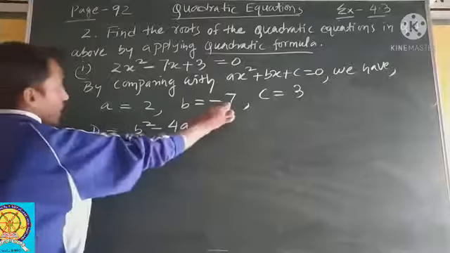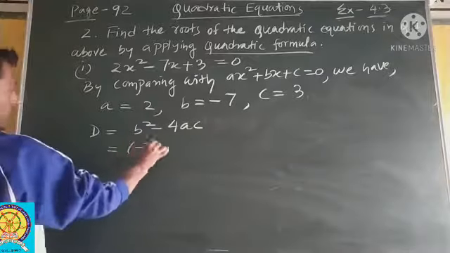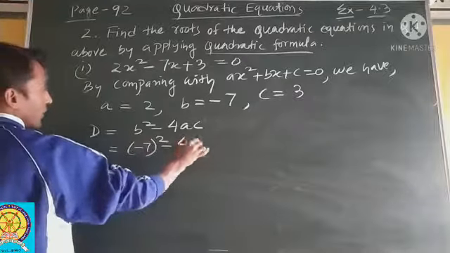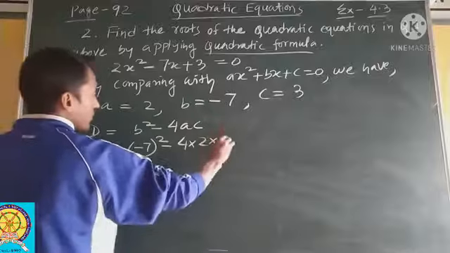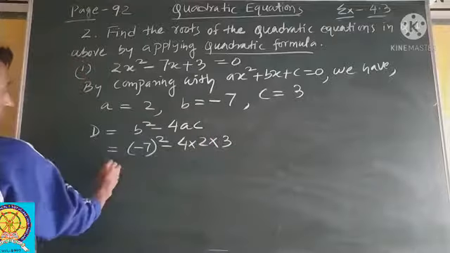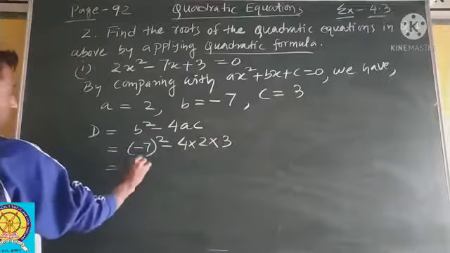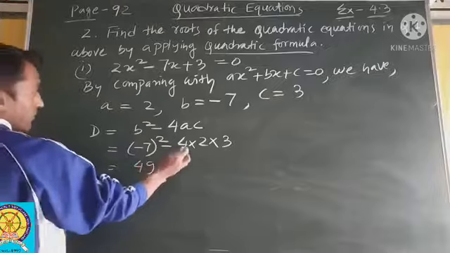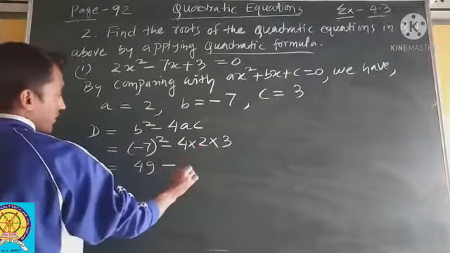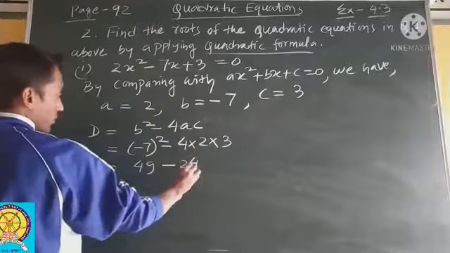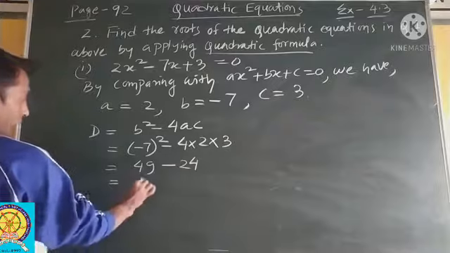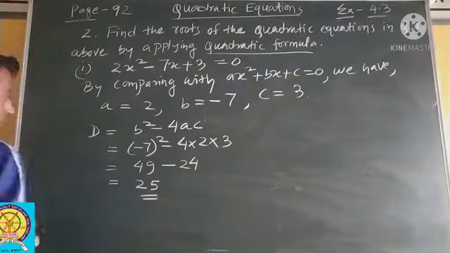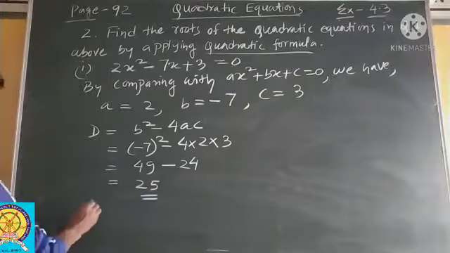The b value is -7, minus 4 into a into c. The a value is 2, the c value is 3. So -7 square is 49, minus 4 into 2 is 8, 8 times 3 is 24. 49 minus 24 is 25.